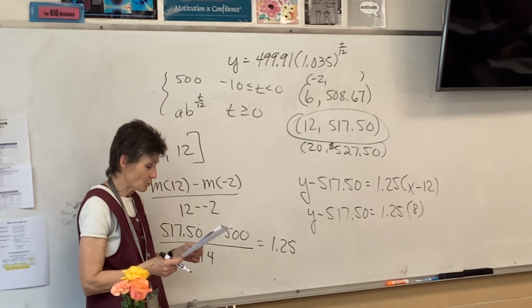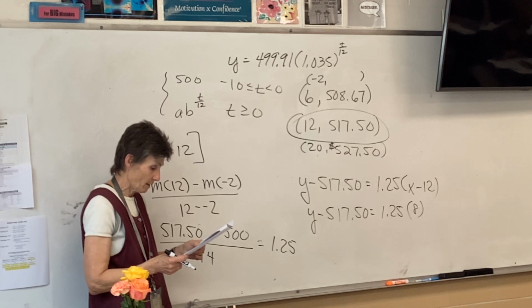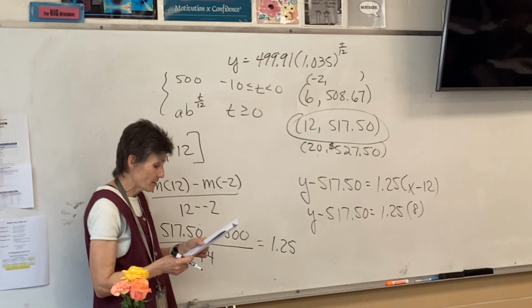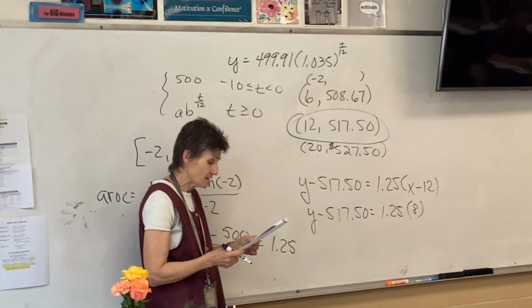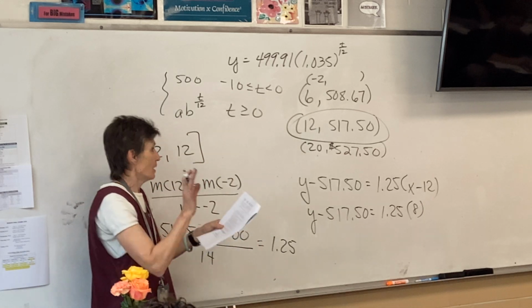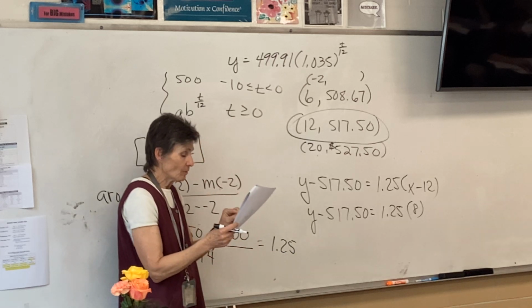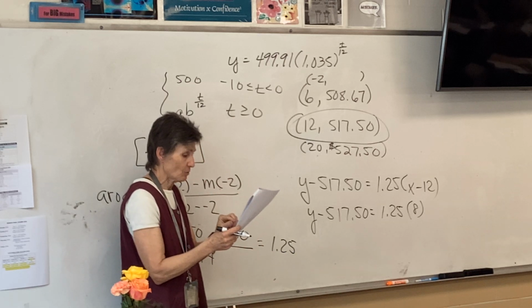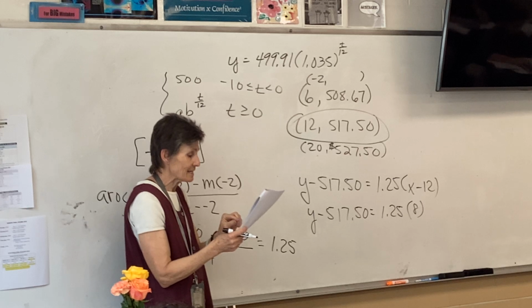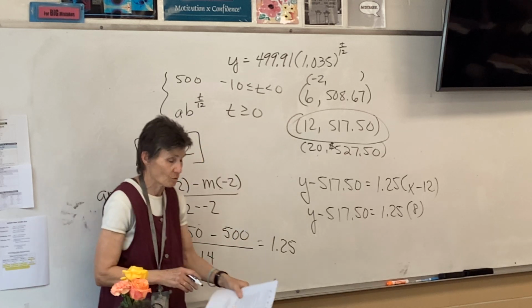If A of t is used to estimate the values for M of t, for t bigger than 12, the error in the estimates will increase as t increases. Explain why this is true.